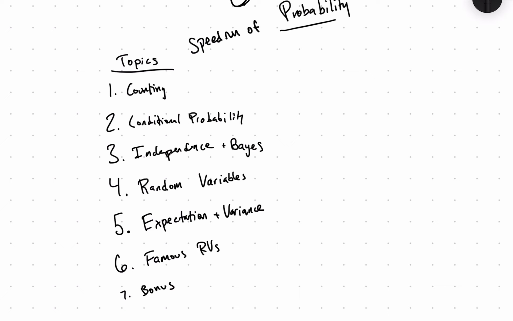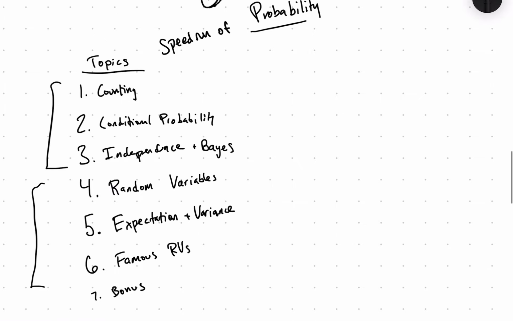I'm going to go pretty quickly through this first half and spend most of the time in this second half with some bonus content at the end, because I think 1, 2, and 3 can be done. I mean, any probability textbook is going to go over the exact same things here, and so I think those are less important to cover in this video, but it's the basics and the fundamentals.